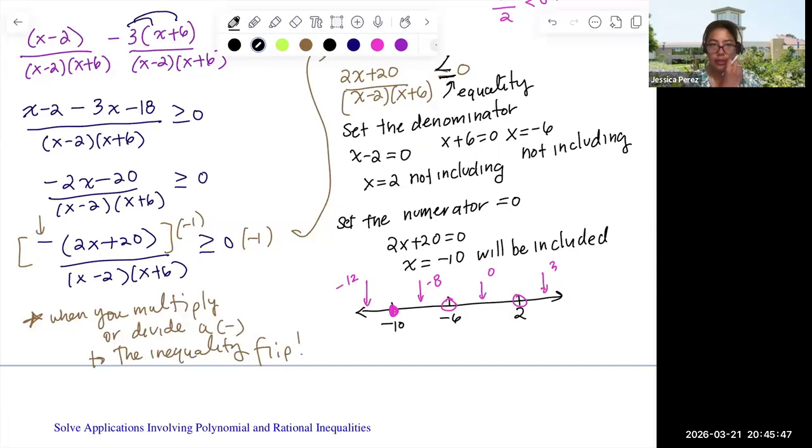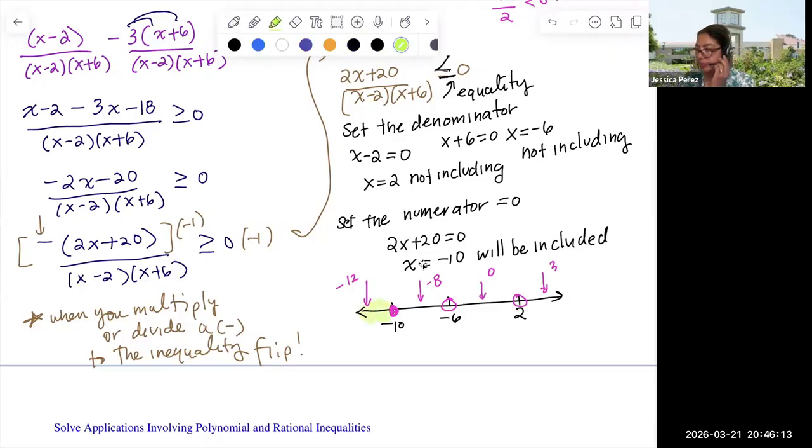Alrighty, so now that we were able to check and plug in -12, -8, 0, and 3 into 2x plus 20 over (x minus 2)(x plus 6). Make sure that you are checking, and we notice that this interval was less than 0.